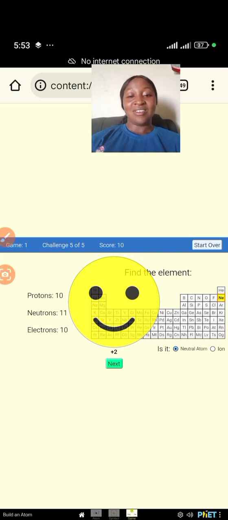And then the number of electrons is equal for this one. What is it telling us? That it is a neutral atom. So we got them. So that's neon. Yes, it is also neutral. Let's check. Wow, that's correct.